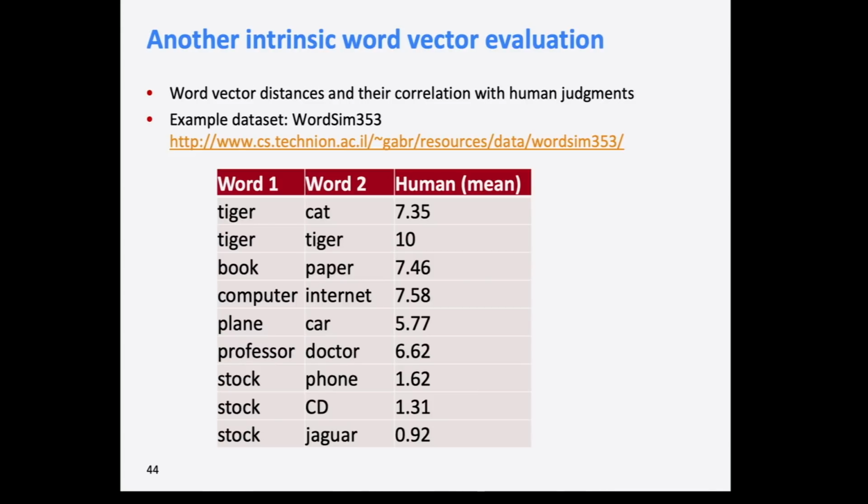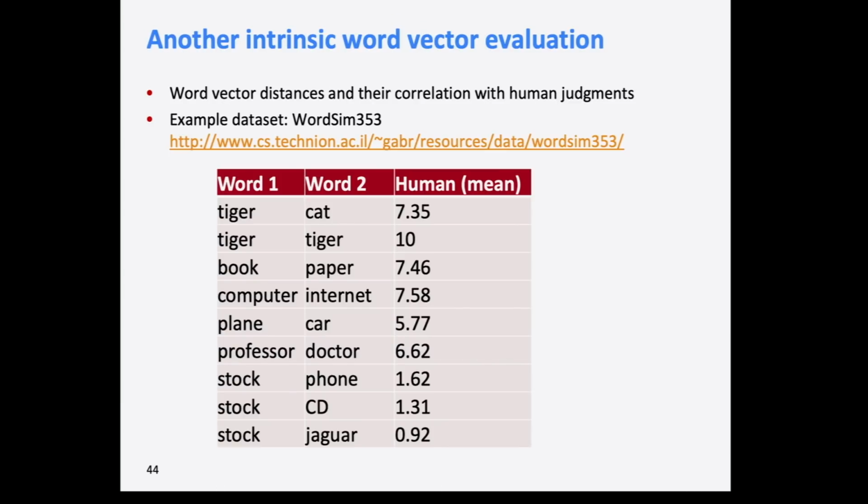So like a good psych person, you find your classroom of Psych 1 undergrads and show them pairs of words and say, rate these things for similarity on a scale of 1 to 10. Lots of that data has been collected and you work out the mean over human beings, and they give numbers like this: tiger and cat 7.35, tiger and tiger 10, book and paper, plane and car, stock and phone, stock and CD, and you get numbers.